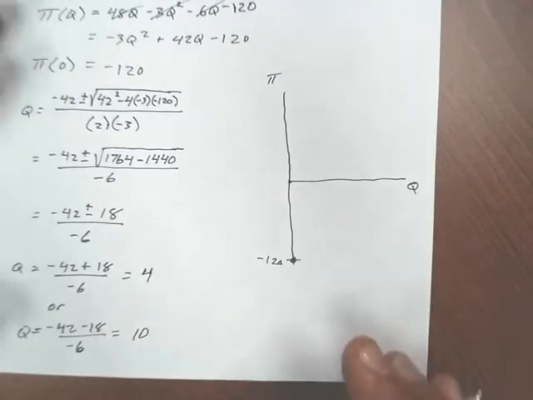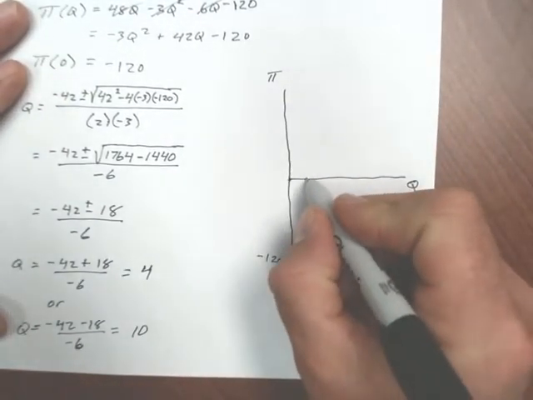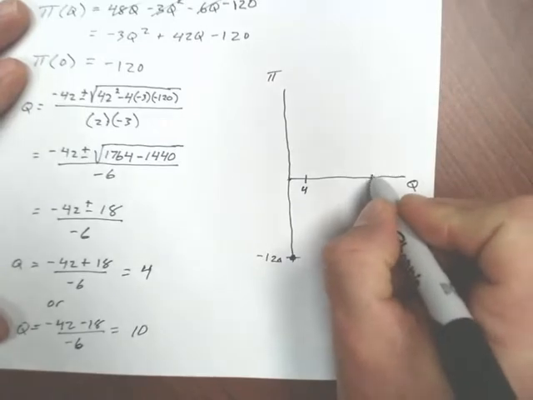So those are my two quantity intercepts, 4 and 10.